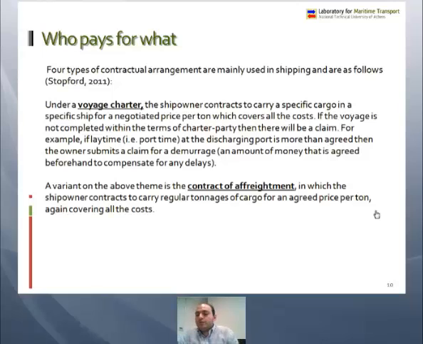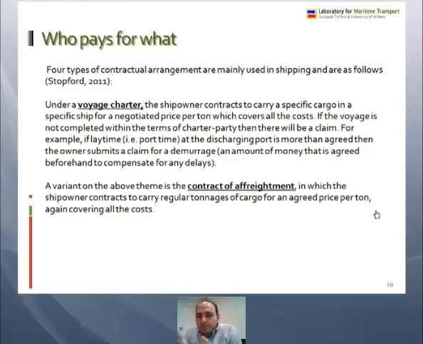When you use both formulas, you have to consider, from your own perspective, if you are the ship owner, you have to take into consideration only costs and benefits that are related to you. I mean, in many cases, the charterer and the owner are different entities, and some costs are related to one party and some costs to the other.